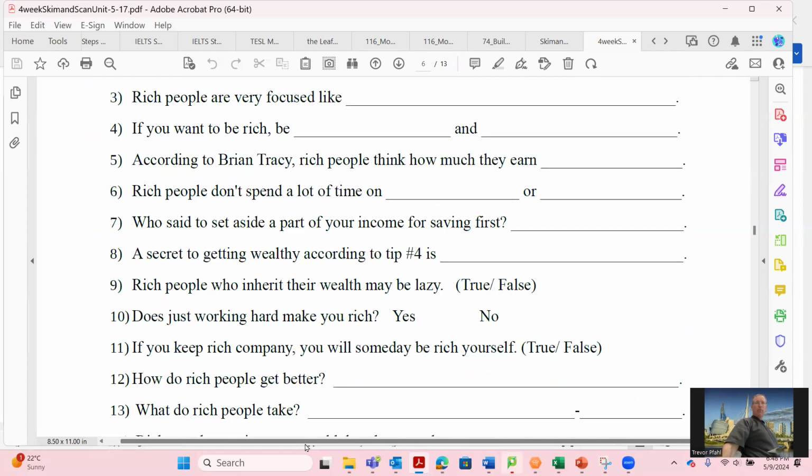Rich people are very focused, like laser beams. That's number 2, halfway down. According to Brian Tracy, rich people think how much they earn hourly rather than monthly or annually.